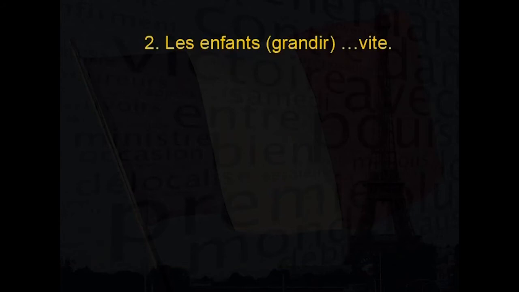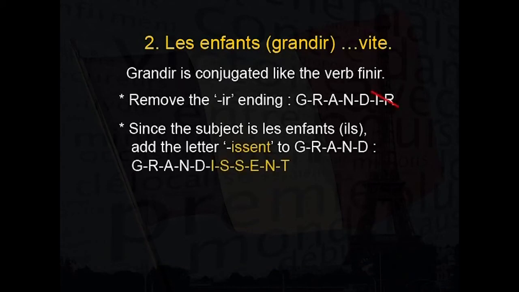Number 2. Les enfants grandir vite. Grandir is conjugated like the verb finir. So we first remove the IR ending. Then, since the subject is third person plural, we add I-S-S-E-N-T to G-R-A-N-D, which is the stem of the verb.